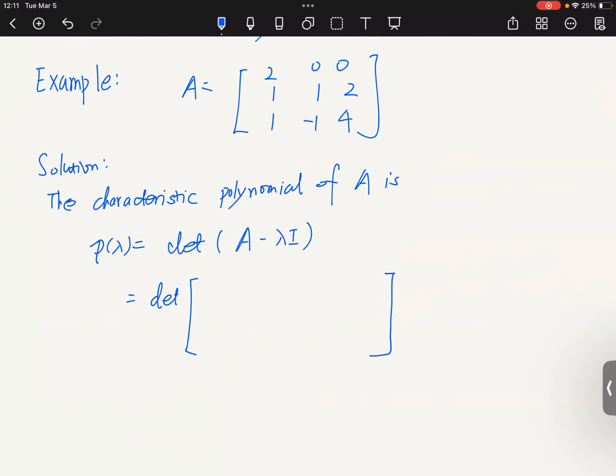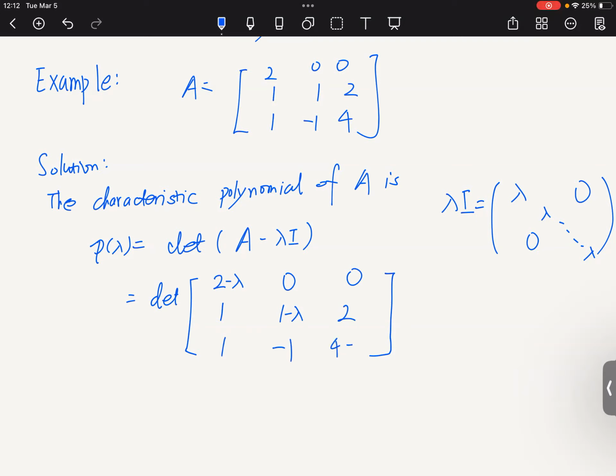Lambda I is lambda times the identity matrix, so all the diagonal elements are lambda and everything off the diagonal is zero. So A minus lambda I equals the matrix with rows 2 minus lambda, 0, 0; 1, 1 minus lambda, 2; 1, -1, 4 minus lambda.